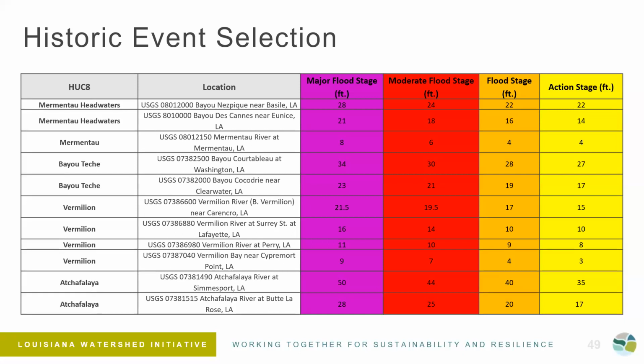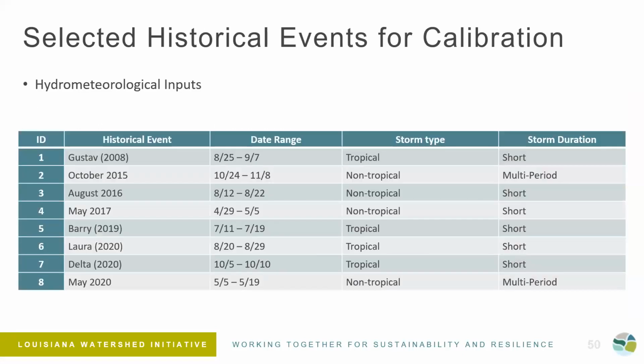What we're trying to do is give us a robust data set to work with, so we understand what's going on from minor flooding all the way up to major flooding events. We wanted to pepper that throughout all 5 HUCs in Region 5 to make sure we have a solid understanding of a wide range of flow conditions that the watersheds might experience.